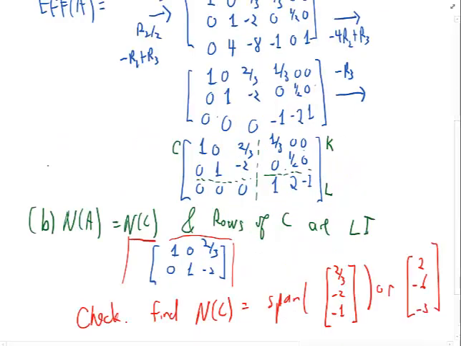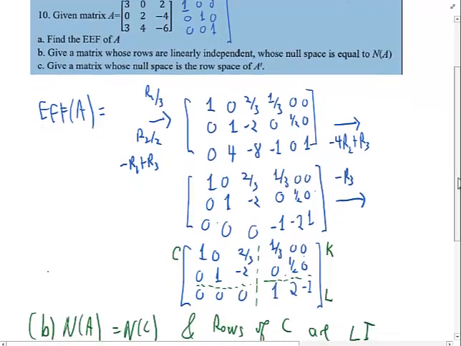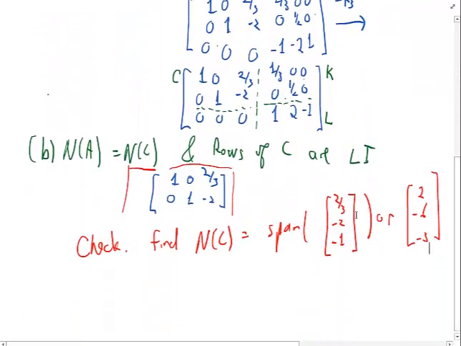All right, now, the next problem was to find a matrix whose null space is the row space of A transpose. Okay. So you have to look at the properties. And the properties say that the matrix L is a matrix whose null space is the row space of A transpose.